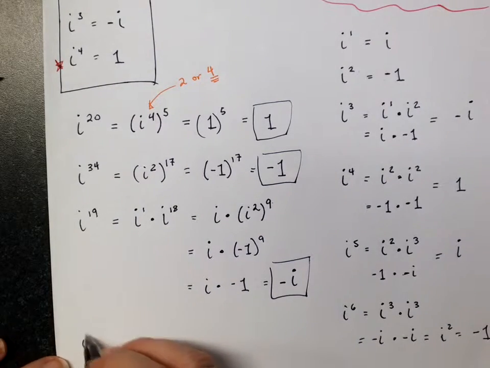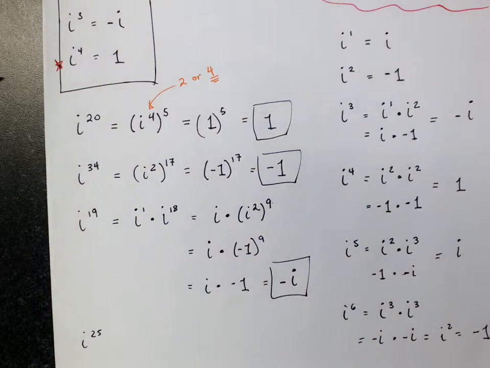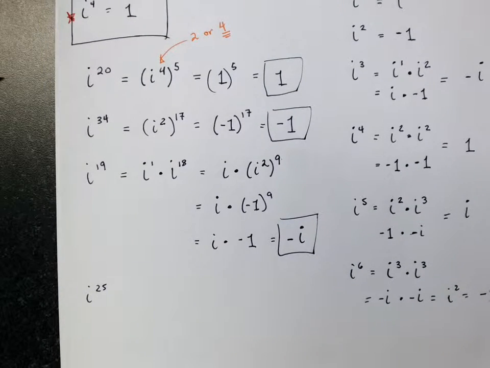I to the 25th. With an odd exponent, pull out an I, so you have an even exponent. Because it's an odd exponent, you're going to have either an I or a negative I. You just got to figure out which one it is.